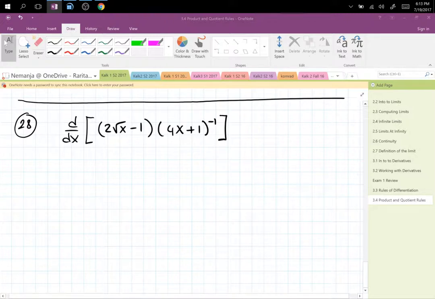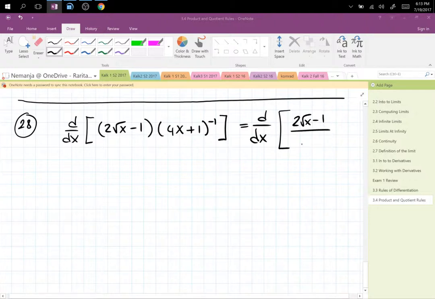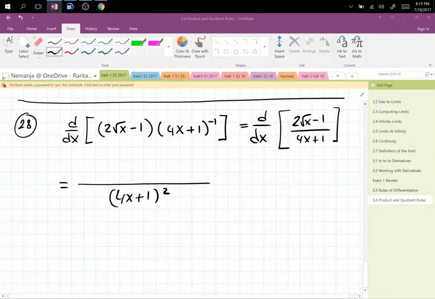All right, let's take a look. So this is a problem that we first have to rewrite to make it into a quotient rule. So 2 root x minus 1 divided by 4x plus 1. And then we take the derivative. 4x plus 1 goes in denominator squared.